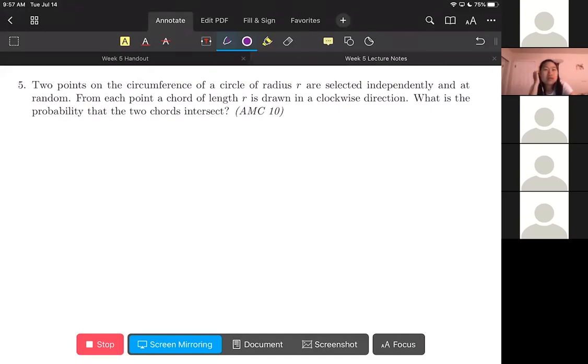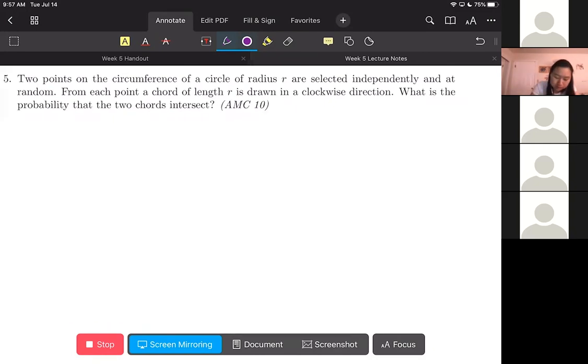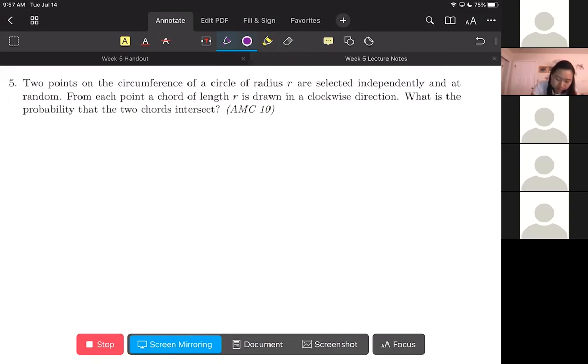There are some key terms here. Does anyone know what a chord of a circle is? It's a line segment from one point on the circumference of a circle to another point on the circumference. Yeah, that's right. So let's draw this out. We have a circle of radius r. Let me just draw a circle as best as I can.